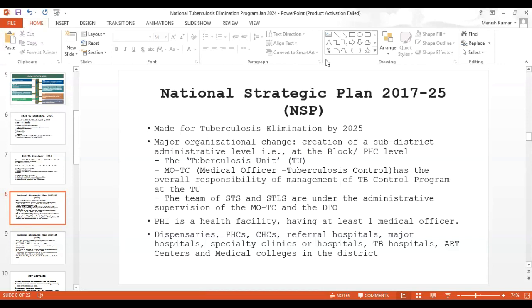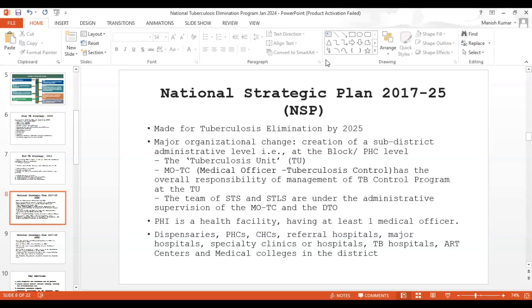can you see a tuberculosis unit at your place in your state? Sir, TB units were there before 2017 as well. There's one DTC. There used to be one tuberculosis unit for a population of around 5 lakhs. Now it has been reduced to one TB unit for every 1.5 to 2.5 lakhs, on an average of 2 lakhs.